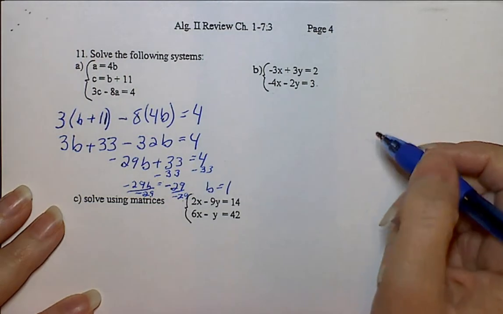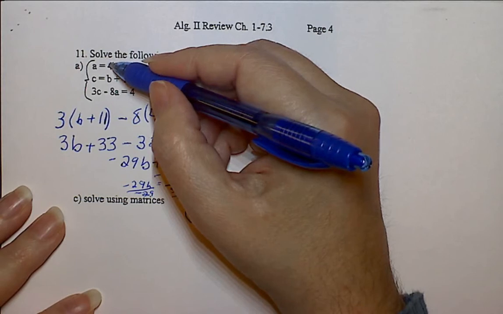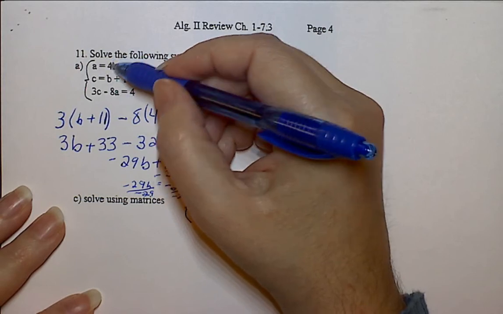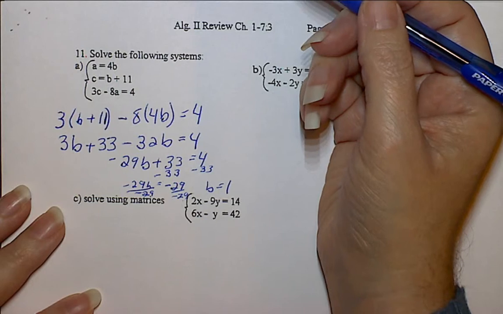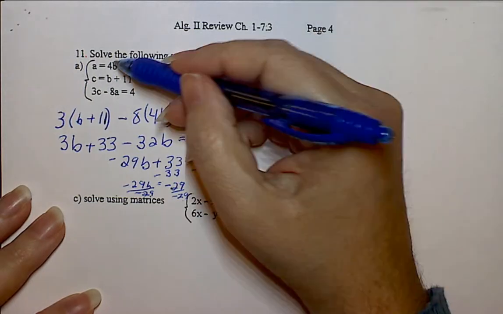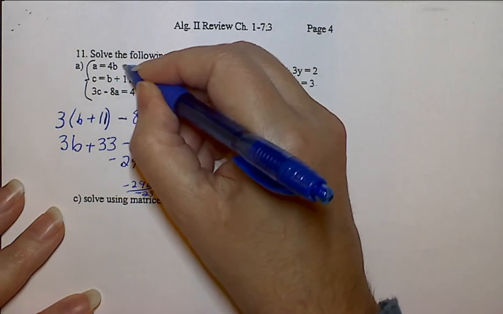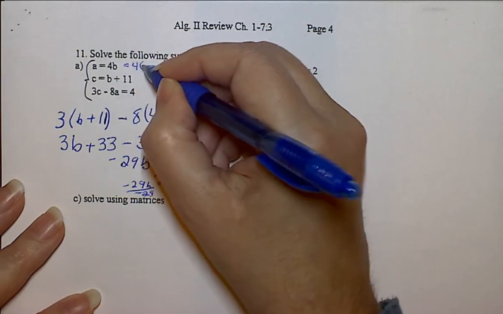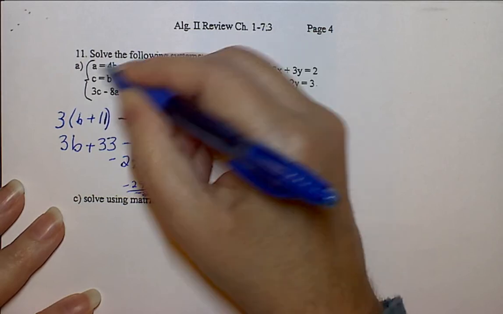Now that I have B equals 1, I'm going to come back up here and it says A equals 4B. So how can I figure out what A is? Substitute the B in. Right, so I'm going to substitute 1 in for B. So that means I have 4 times my 1, and that gives me 4. So A equals 4.